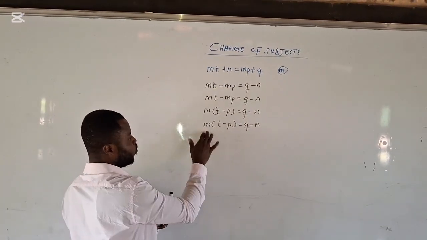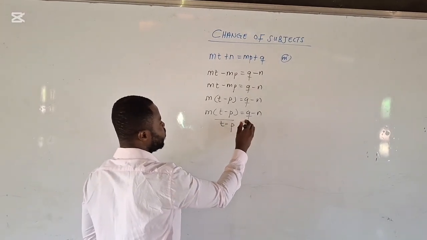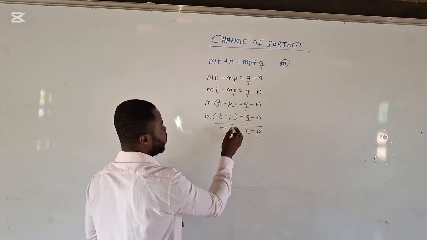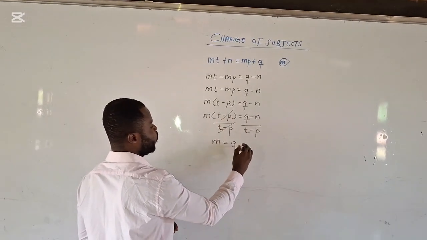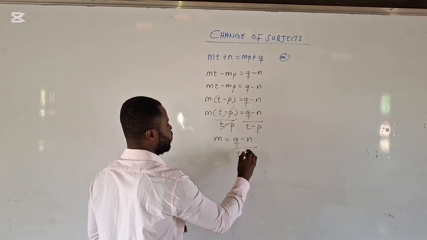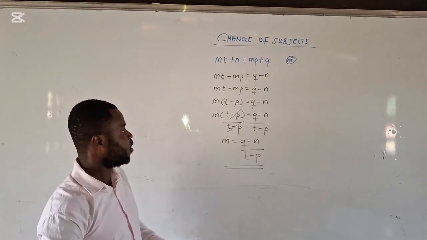So we have to make m the subject, so we divide both sides by t minus p. So t minus p cancels t minus p, and our m will give us q minus n all over t minus p. So this is how we make m the subject in this equation as well.